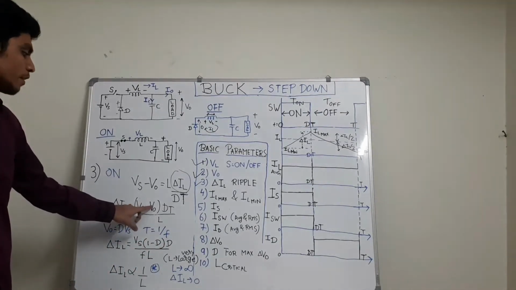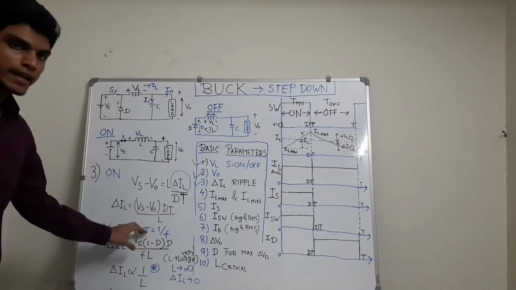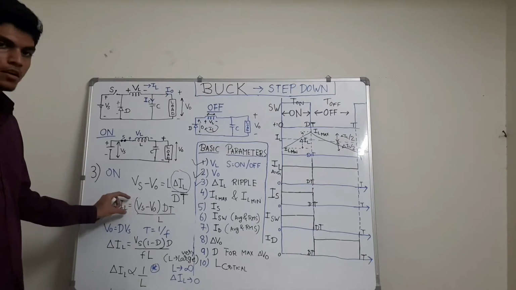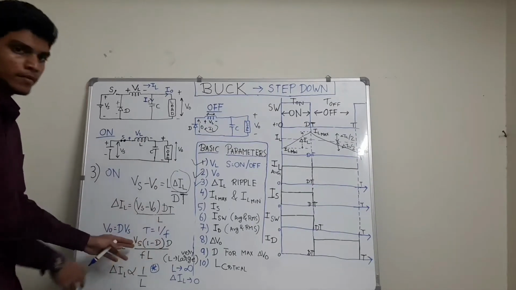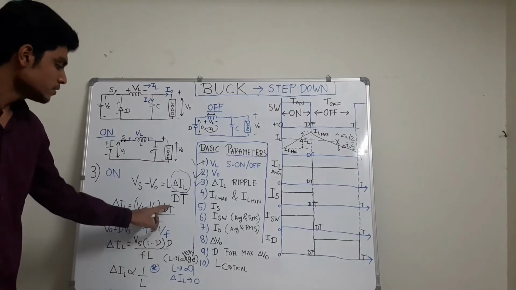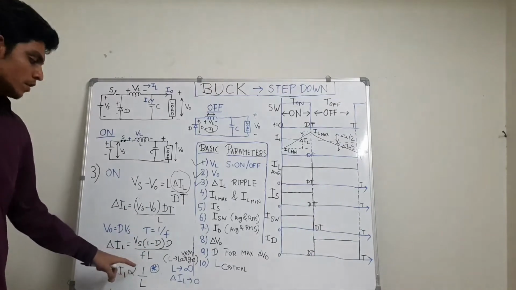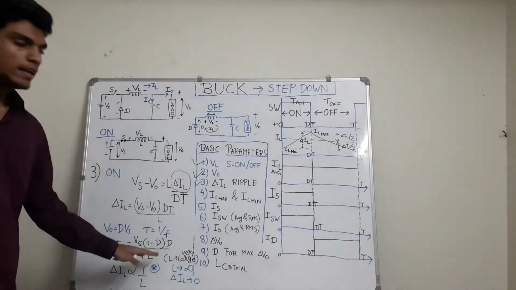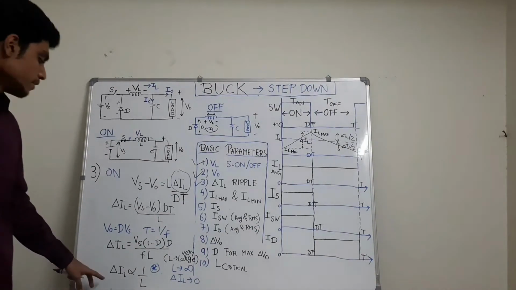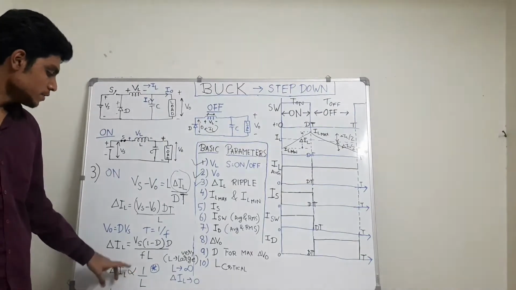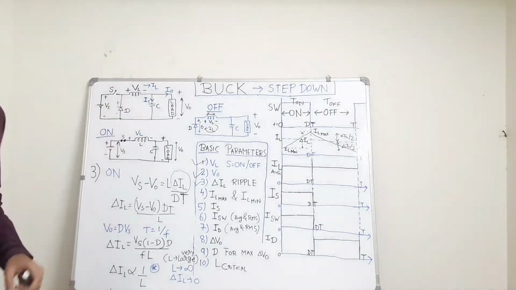I have put V0 equals to dVs, and then taking Vs common out of this bracket, it becomes Vs into 1 minus d, this whole thing, into d, and this t goes in the denominator due to this formula, and we finally get this equation. So a very important thing we have concluded, that is del IL, ripple, is inversely proportional to the value of inductor used in the buck converter.